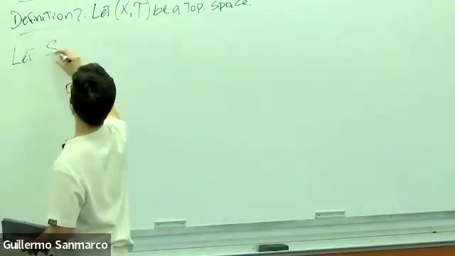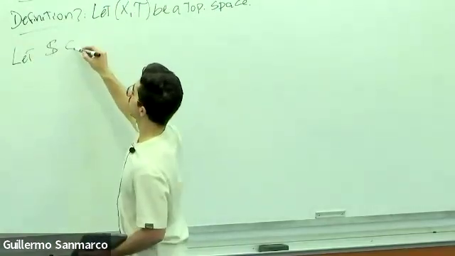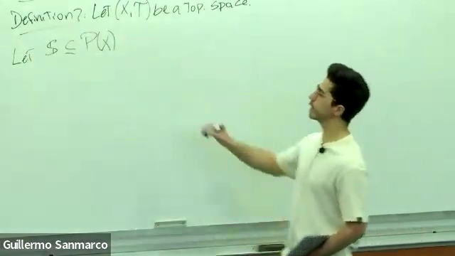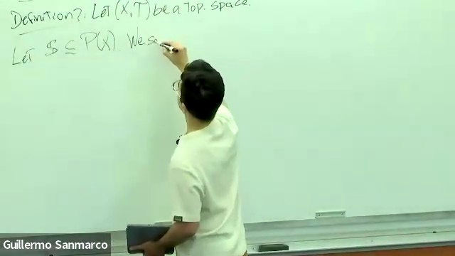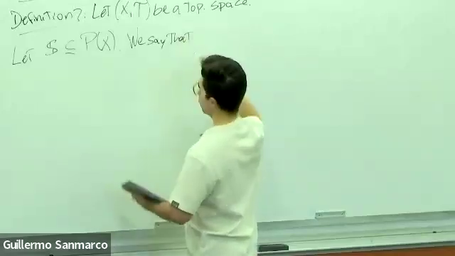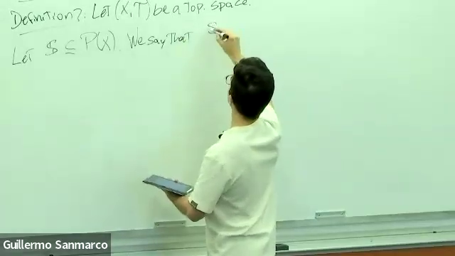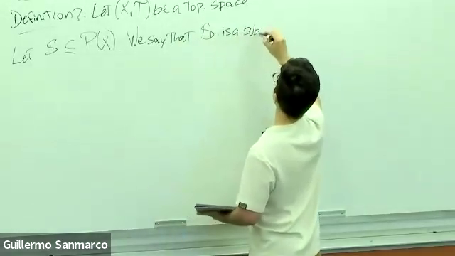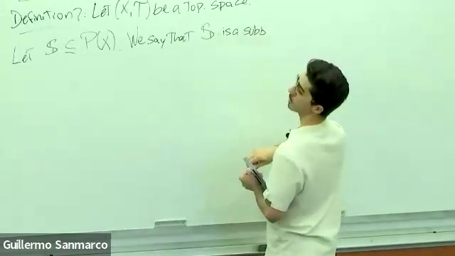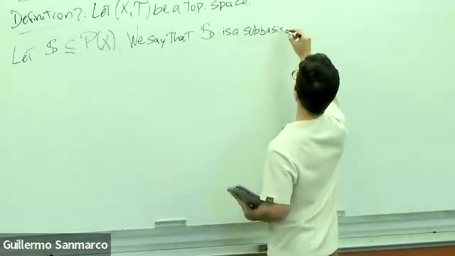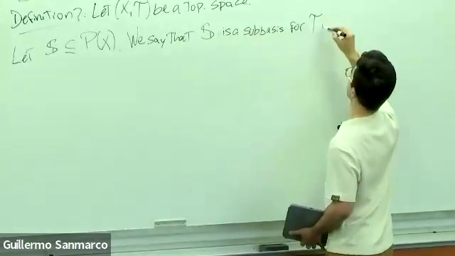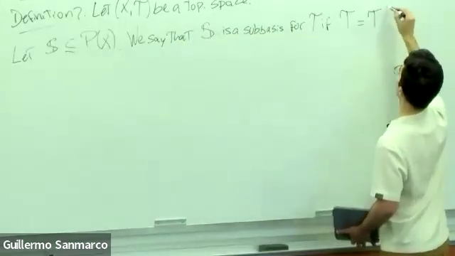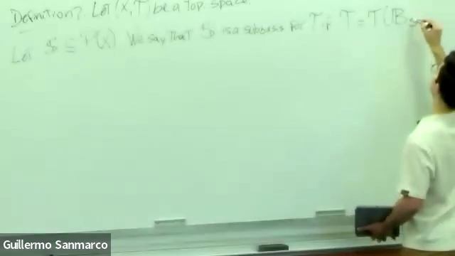And let S, calligraphic S, be a subset of the power set of X. So we say, very easy definition, that S is a subbasis for the given topology T if T coincides with the topology generated by this B of S.